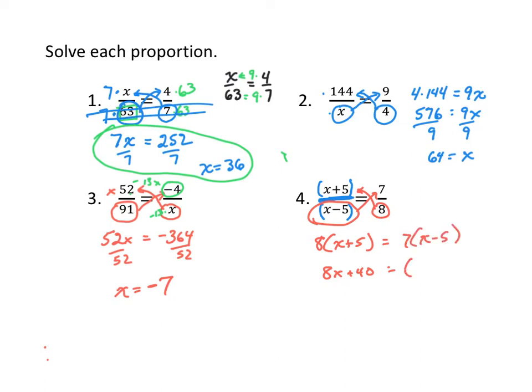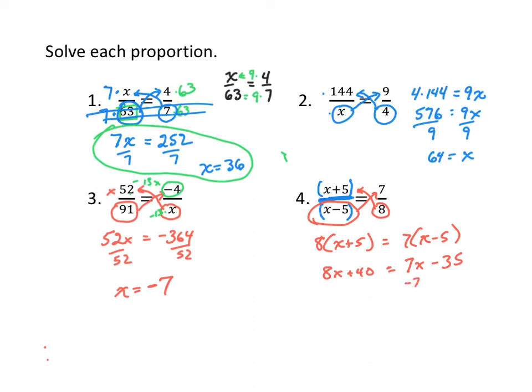So that's going to be 7x minus 35. So this is one of those cases where you wouldn't be able to just find a multiple because you have 2 unknowns. You just have to know how to solve that by cross multiplying.